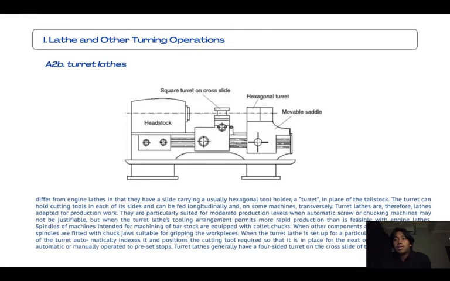When the turret lathe is set up for a particular operation, retraction of the turret automatically indexes it and positions the cutting tool required so that it is in place for the next operation. Feeds can be automatic or manually operated to preset stops. Turret lathes generally have a four-sided turret on the cross slide of the machine.